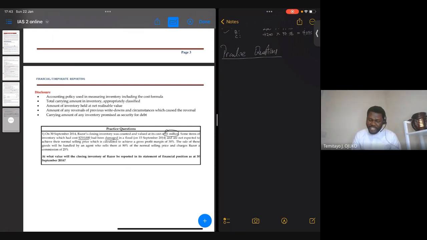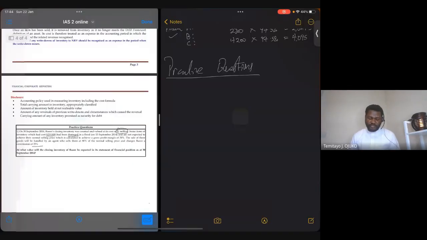The normal selling price is the 30% gross up, and charges Razor a commission of 25%. That is a typical example of what? Cost to sell. Now, at what value will the inventory of Razor be reported in its statement of financial position as at 30 September 2014? At what value? We're going to be solving this shortly.